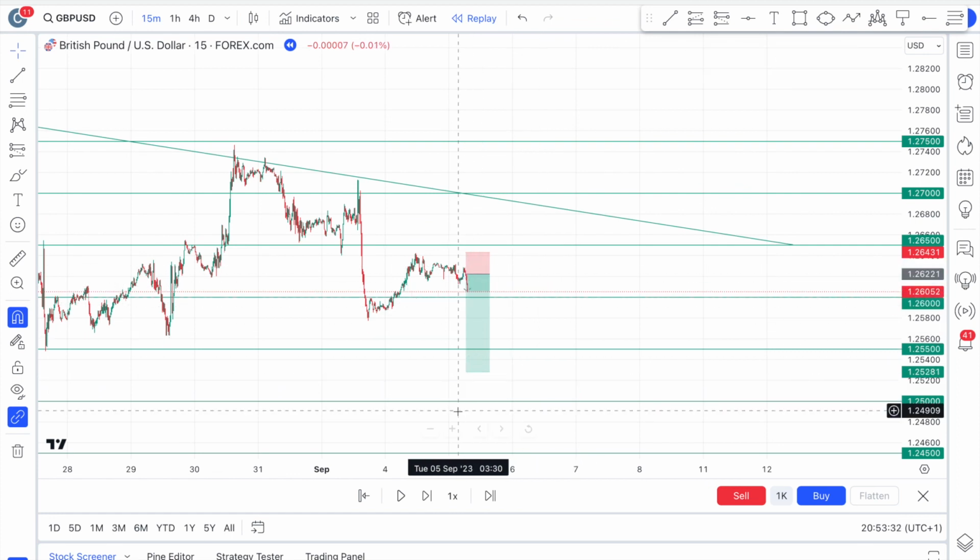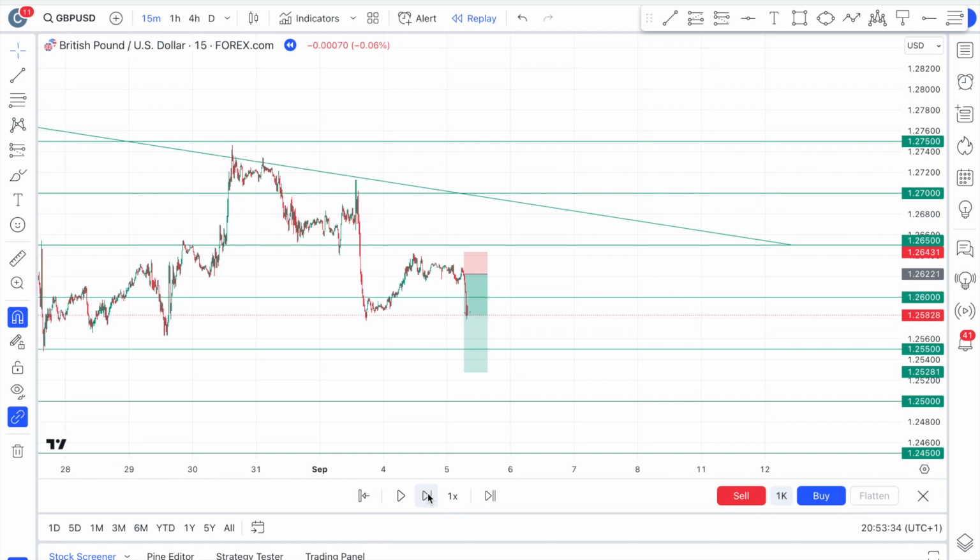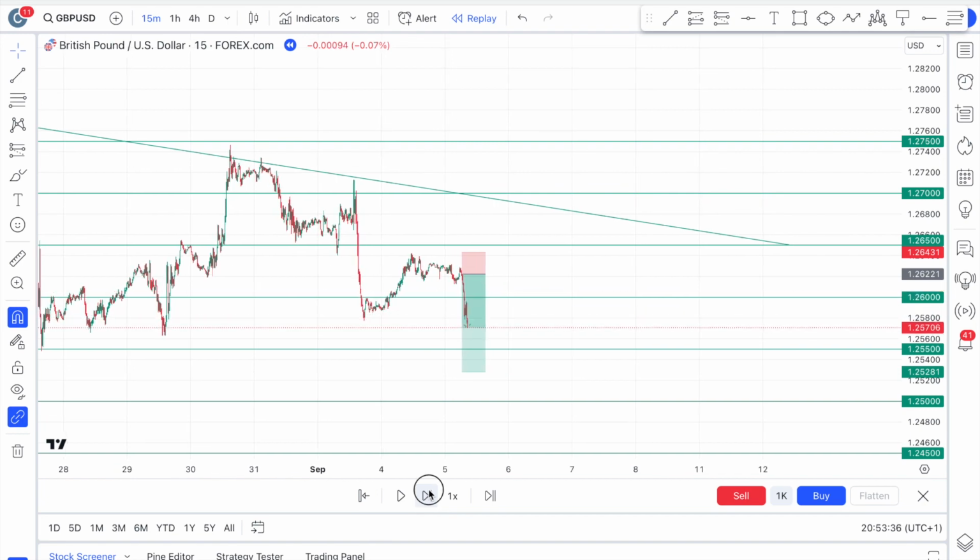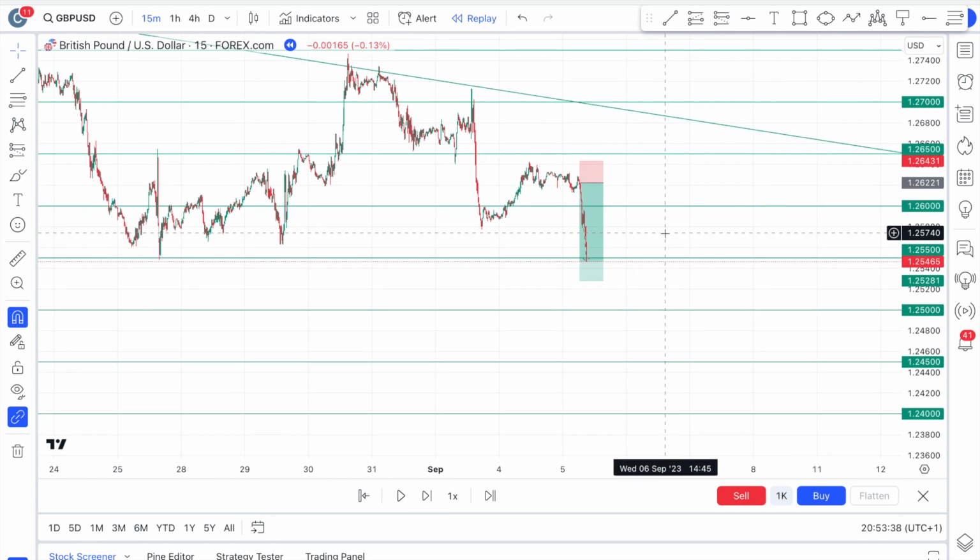This is going to be a 1:4.48, which is a very good one.